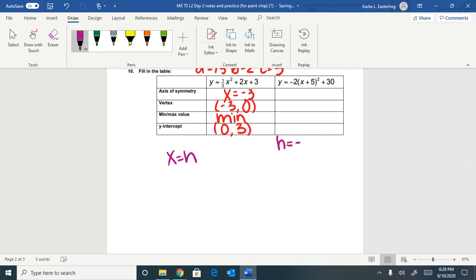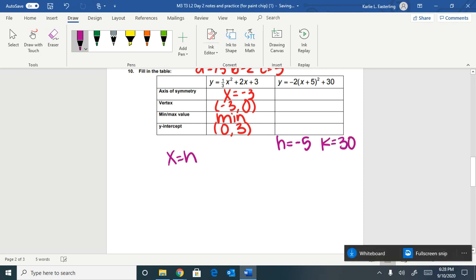Our literal h value here is -5 because we have that positive inside. Our typical form here has that negative, so remember, we have to think opposite. Our k value is 30, and our a value is -2. So our axis of symmetry here is going to be x equals -5, which is also our vertex x value. And then our k value is our y value.